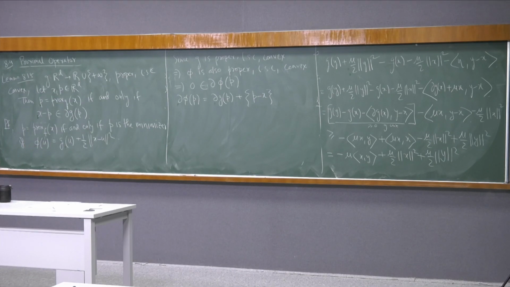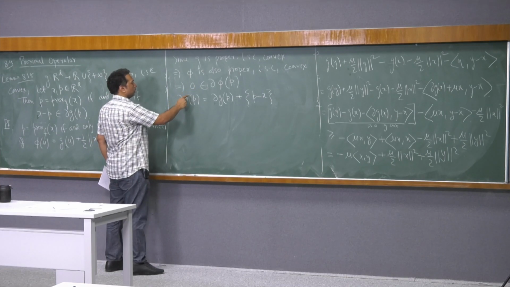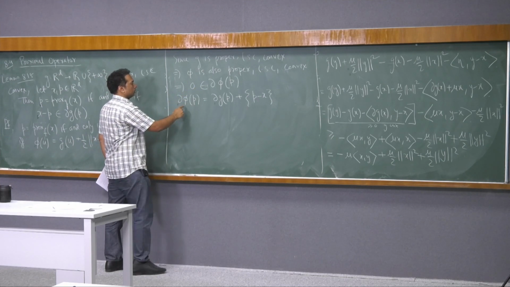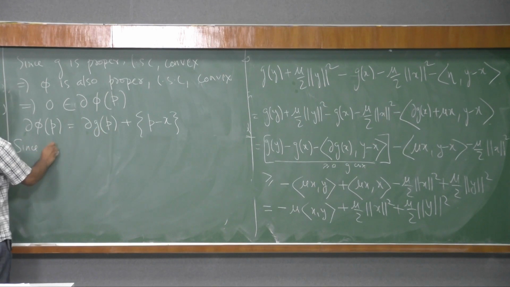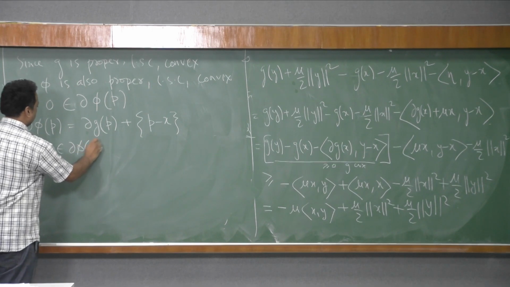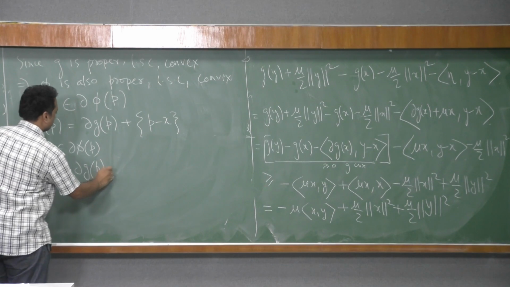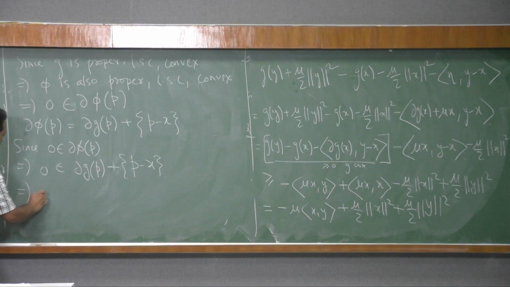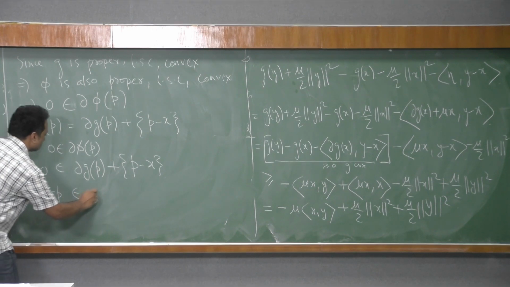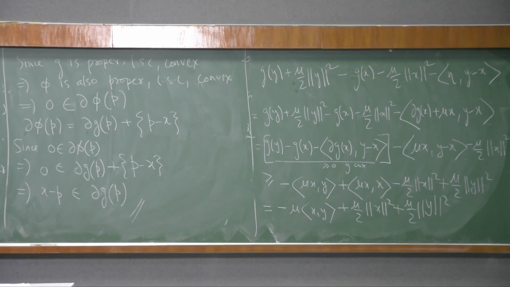Or if you want to see it another way, 0 belongs to this, hence 0 belongs to this. So since 0 belongs to this, this implies x minus p belongs to the subdifferential of g at p. Okay, hence proved.